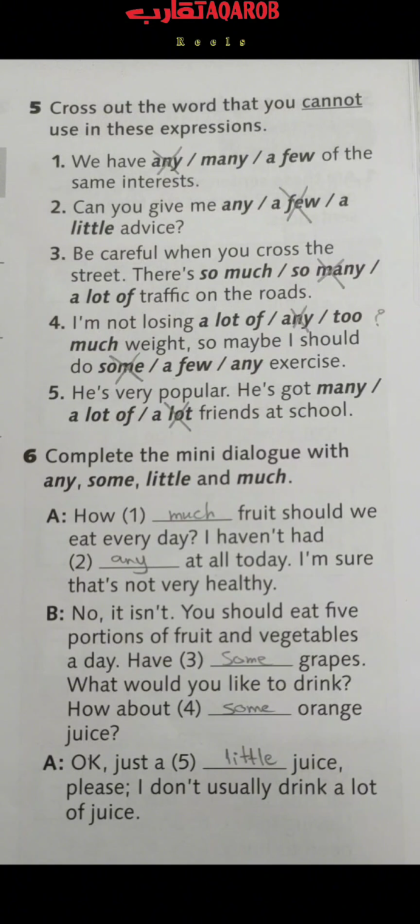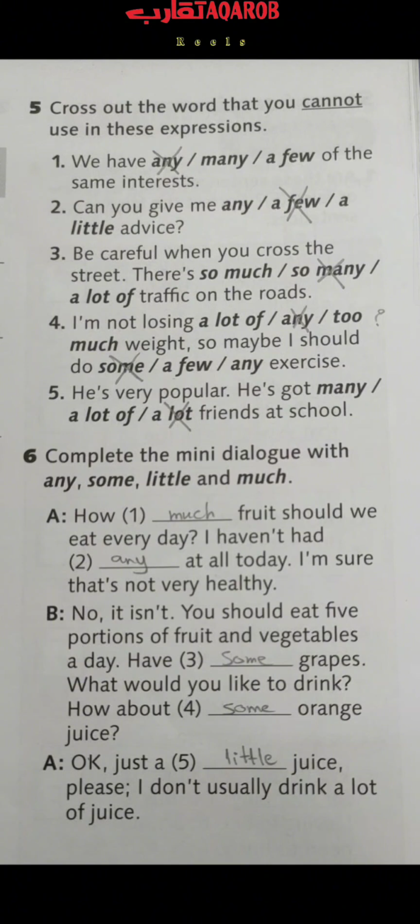Number 2, can you give me any, a few, a little advice? So advice is uncountable because we cannot say advices. Advice is uncountable, so we cannot use a few with advice because a few is only used with countable nouns, and the rest of them are any and a little.